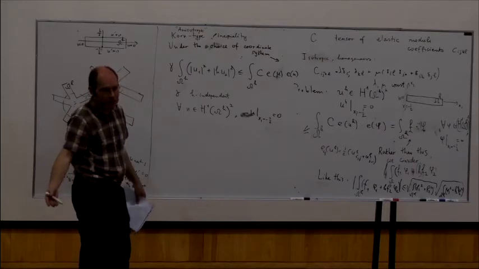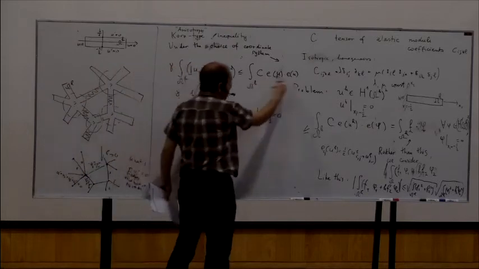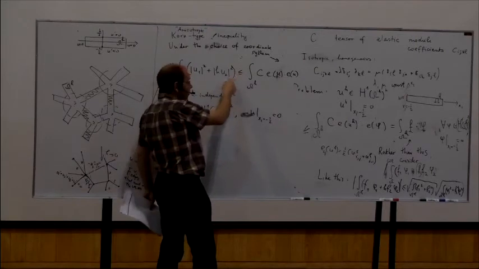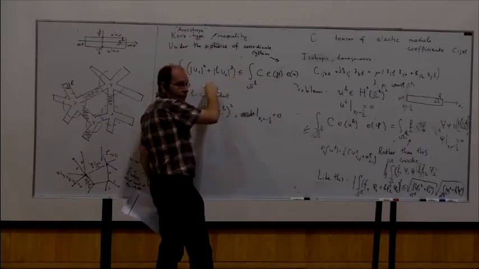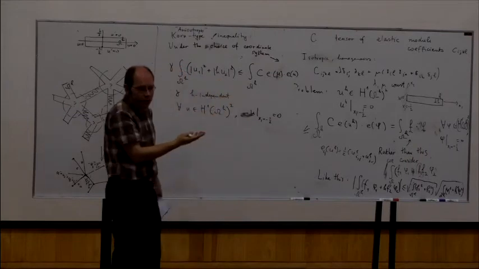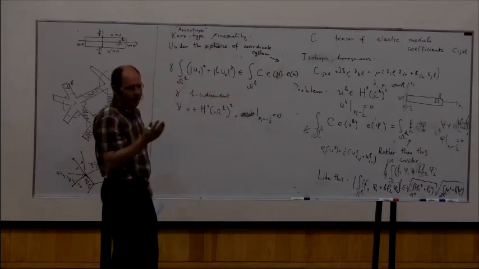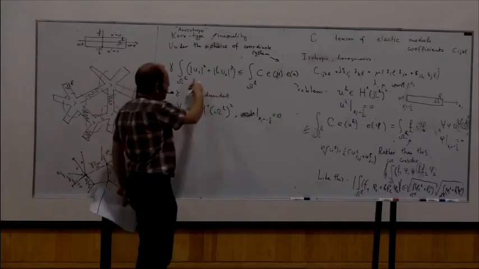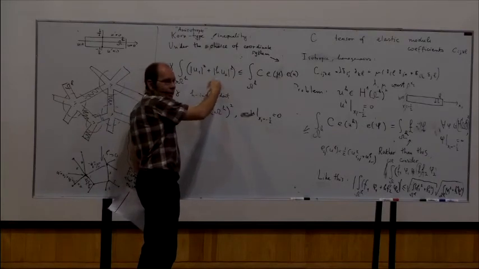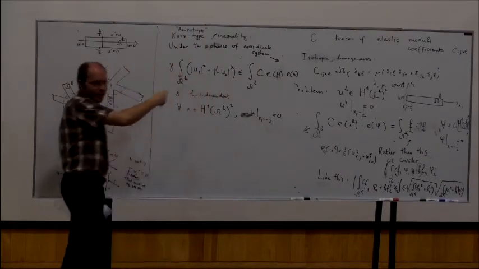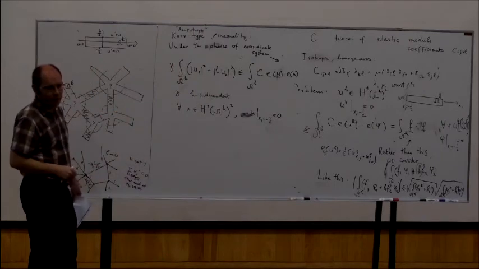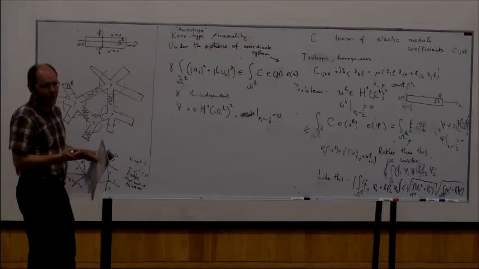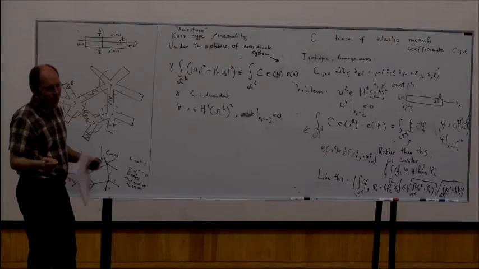So strictly speaking, a Korn type inequality would have the symmetric gradient here, bounded above or below by the integral of the gradient of u squared or something like that. But this terminology is vague. Then I bound the L2 norm of u above by the norm of the gradient in L2. So it's a combination of what some people would call a Korn inequality and the Poincaré inequality, which I still call a Korn inequality.